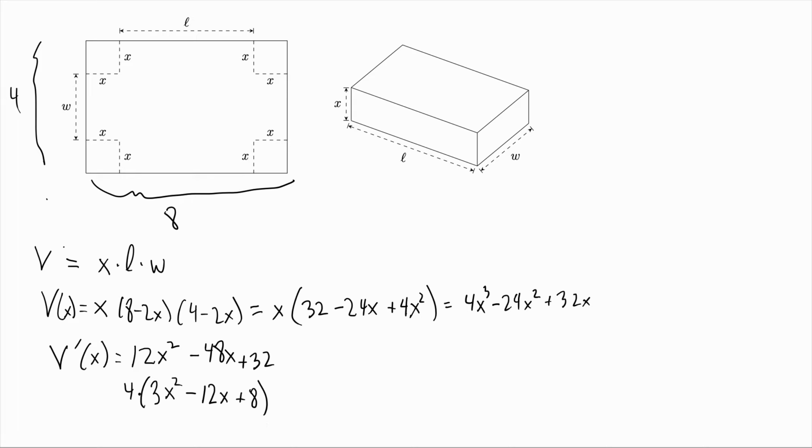So 4 times that is the derivative. We want to know where that's going to be equal to 0. Is that factorable? You'd have to work through different combinations that would add up to 12 from 8 and 3.